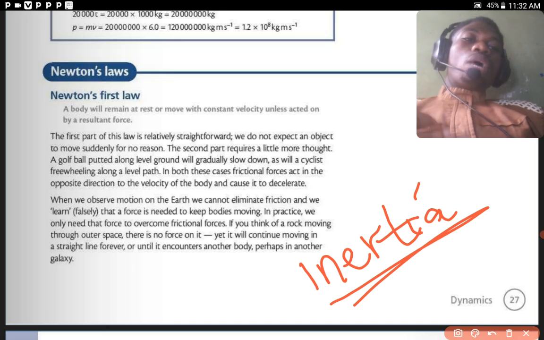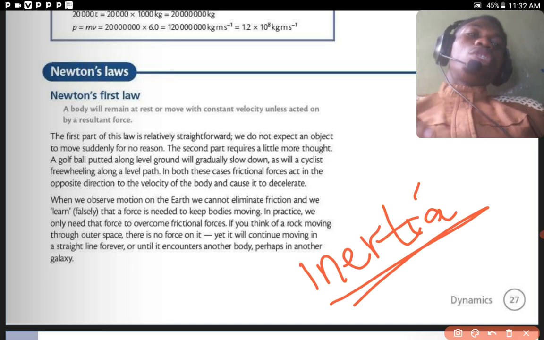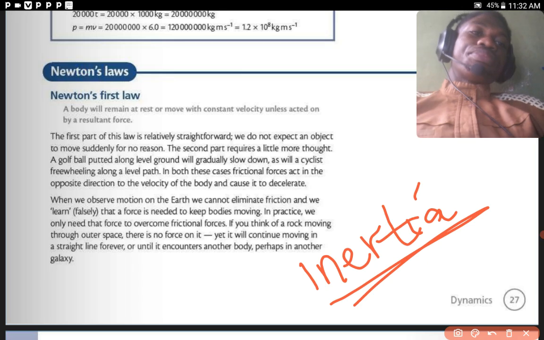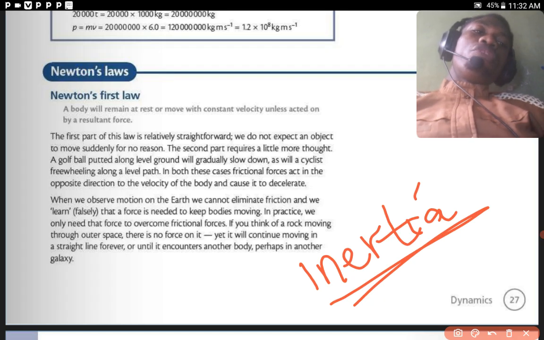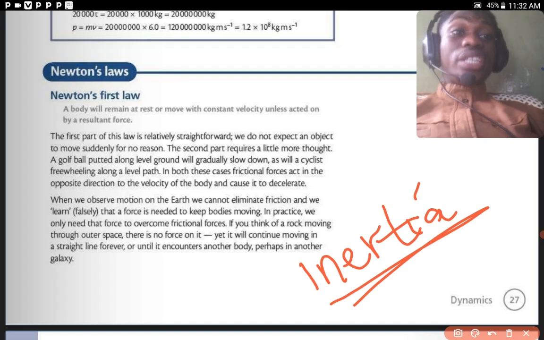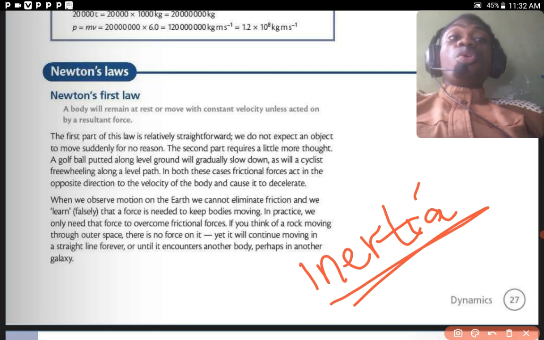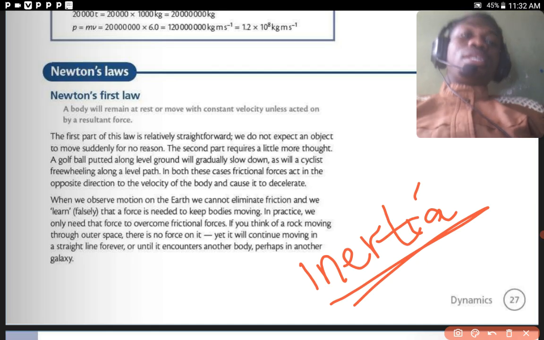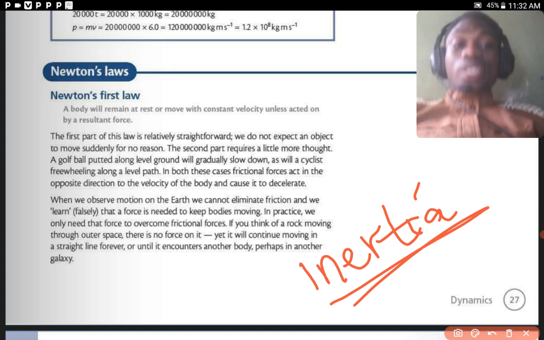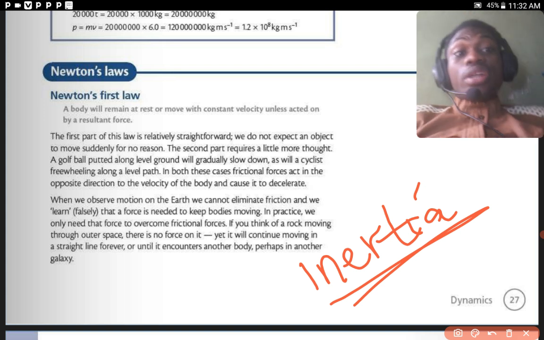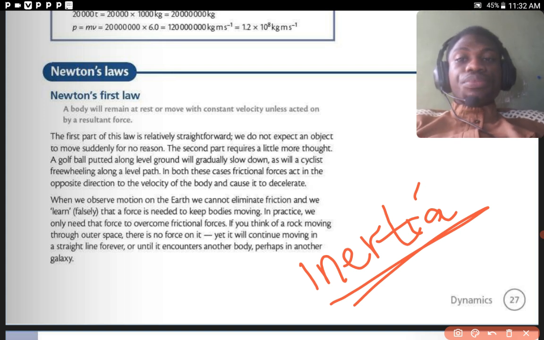This simply means that when a body is at rest, that body will resist starting to move. When a body is moving, it will resist change in its velocity, including coming to rest, because coming to rest is also a result of change in the velocity of the body.